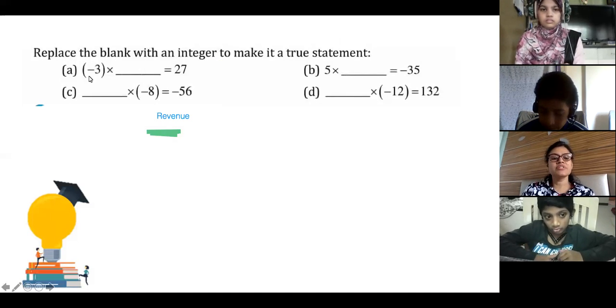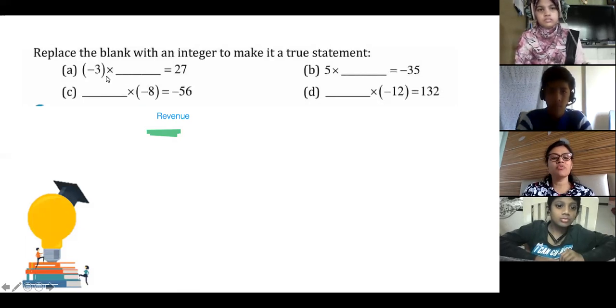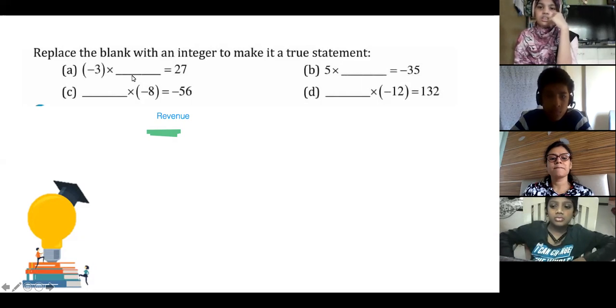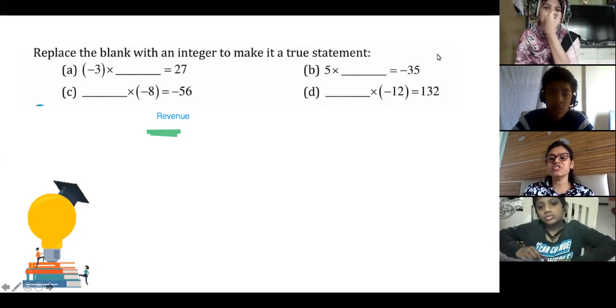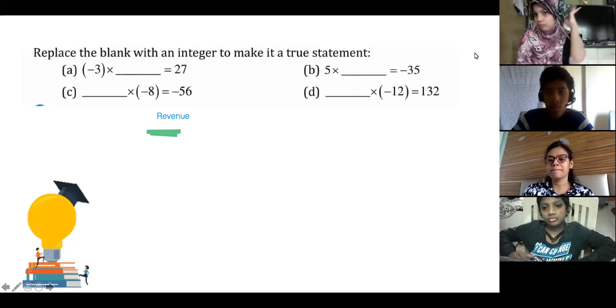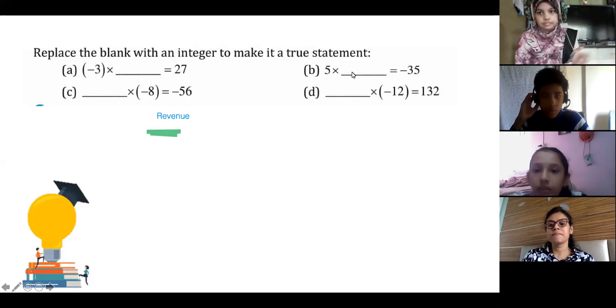Okay, who will tell me this? Minus 3 into dash. Farhana, what will be the answer? Minus 3 into dash is equal to 27. Minus 3 into minus 9. Minus 9, ma'am. Yes. Amina, this one: 5 into dash is equal to minus 35. 5 into minus 7. Yes.